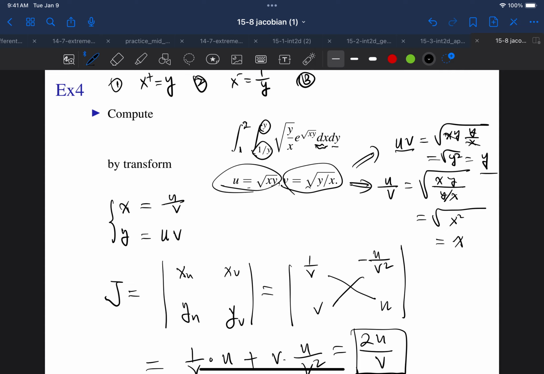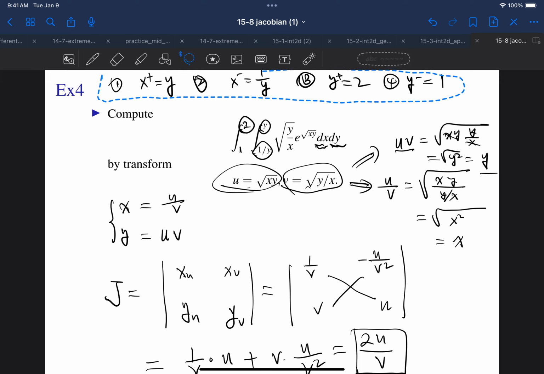And number 3 is the y upper limit, which is 2. That's from here. And the y lower limit is 1. So we have basically four curves in the xy plane, and we're going to transform this.